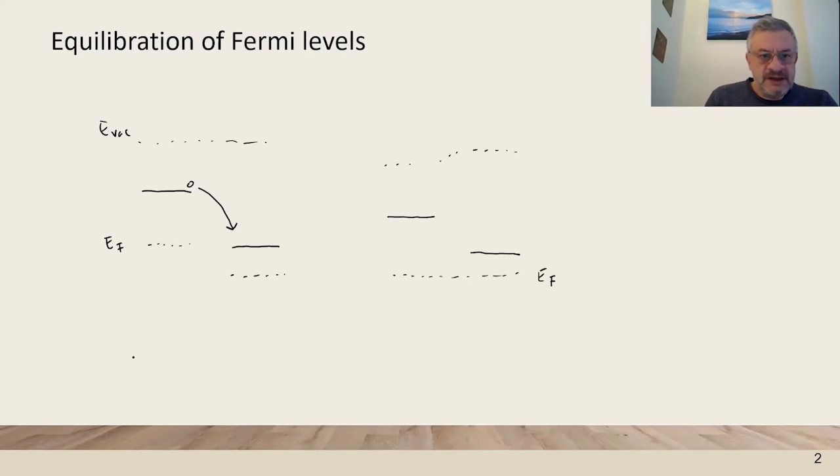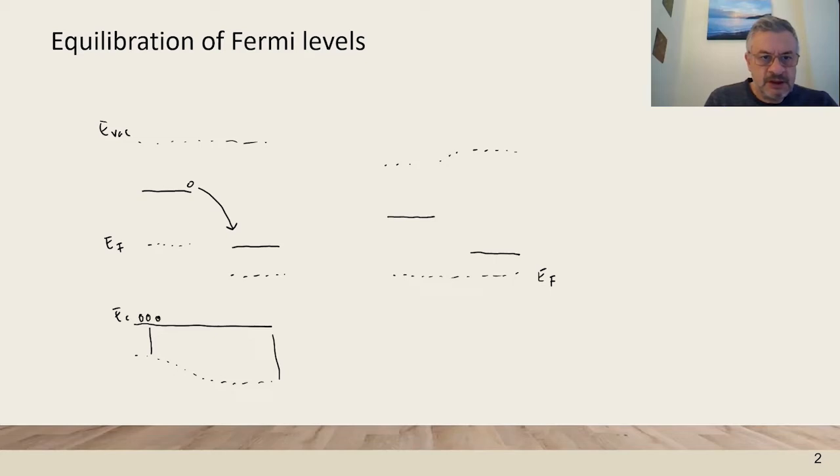If we are in a single material, then a gradient of the Fermi level indicates a flow of electrons. So here, for example, there will be more electrons here and fewer electrons here.